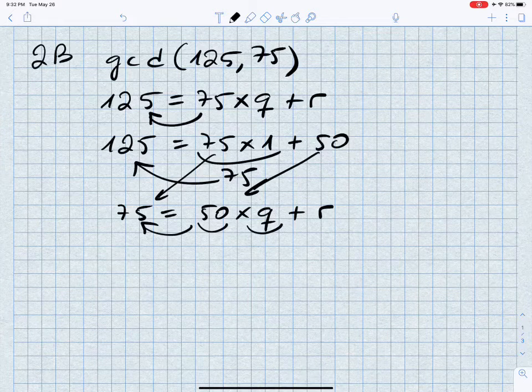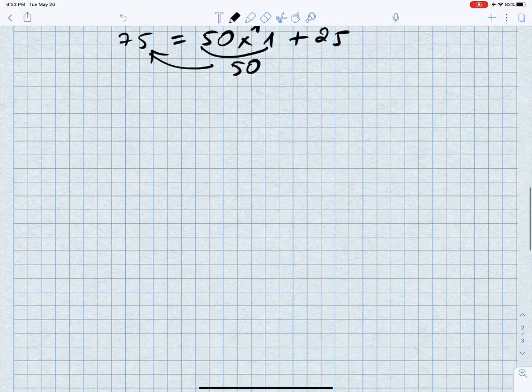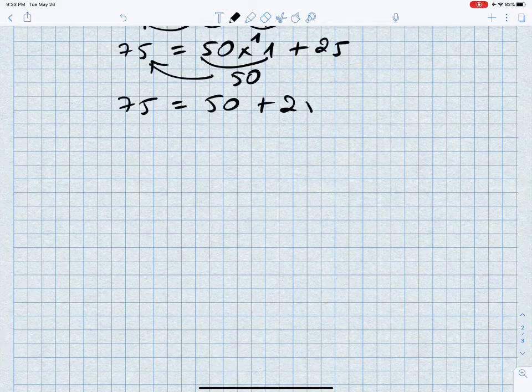Well, it just goes once. All right, so we have that 75 is equal to 50 times 1 plus some remainder. So if this is 50, how much further do we need to go to reach 75? Well, we need to go 25. Right, so that means that we have that 75 is equal to 50 plus 25.